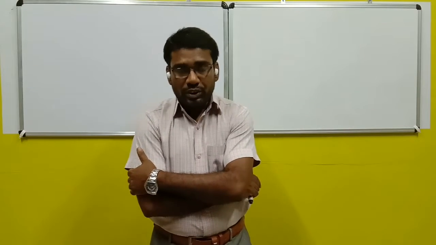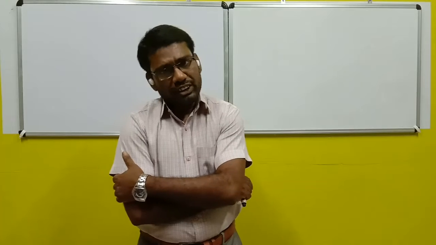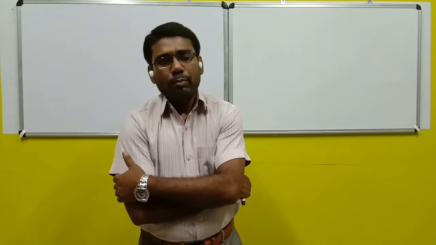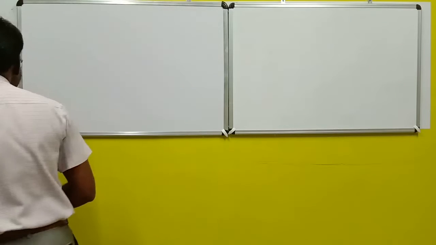But in today's class, we will discuss about case 2, to solve similar type of problems, that is to find out n number of rational numbers between your given rational numbers a and b. So let's start discussing about case 2.